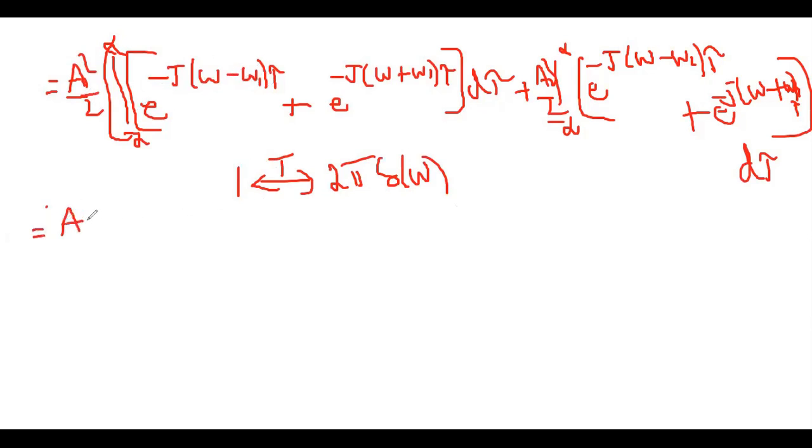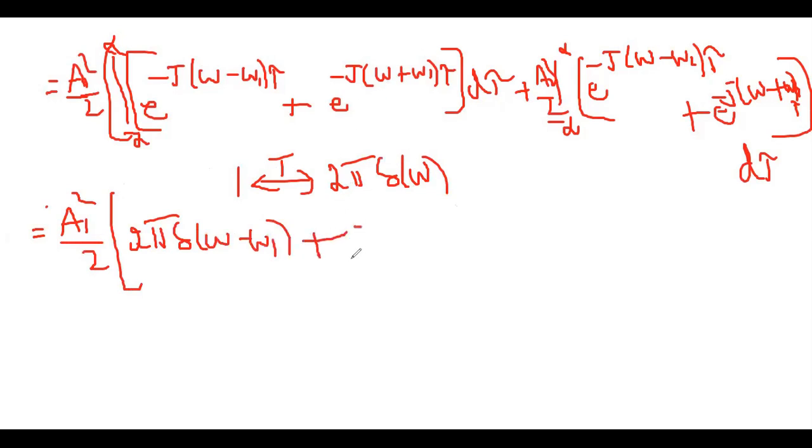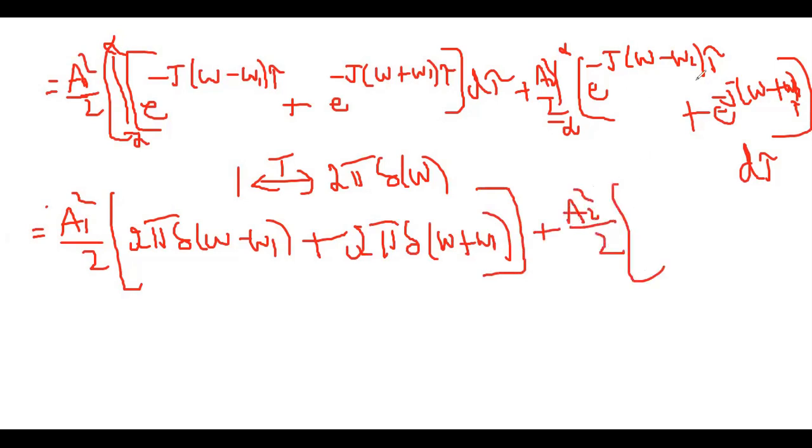So that is a1 square by 2 times 2 pi delta of omega minus omega 1, plus similarly 2 pi delta of omega plus omega 1, plus a2 square by 2 times 2 pi delta of omega minus omega 2 plus 2 pi delta of omega plus omega 2.